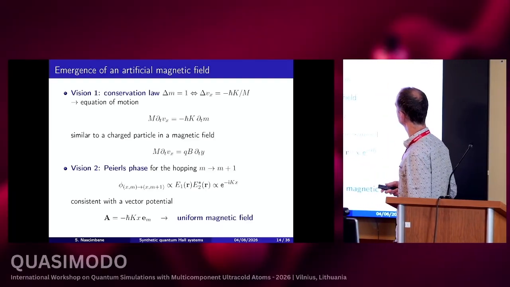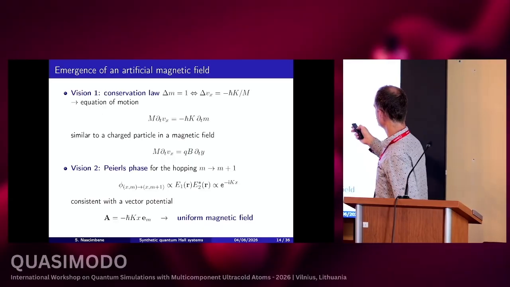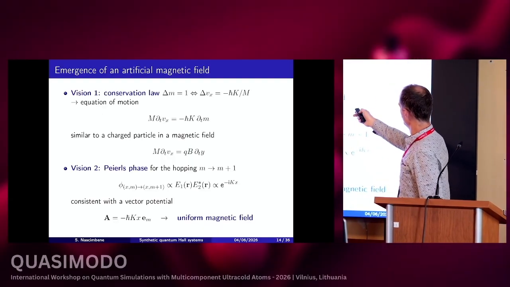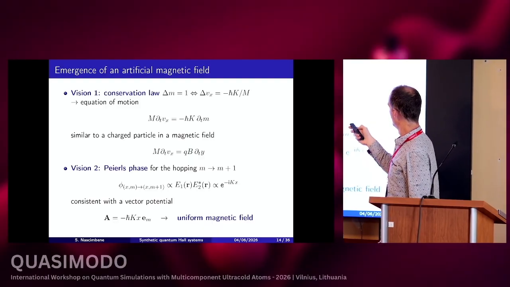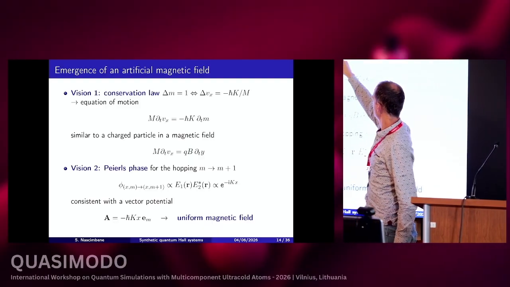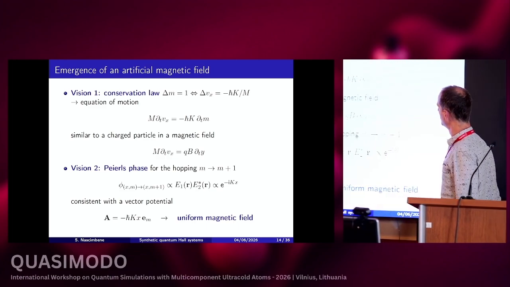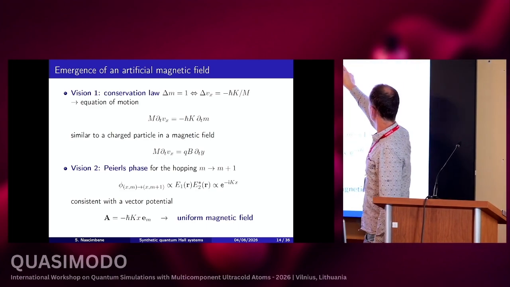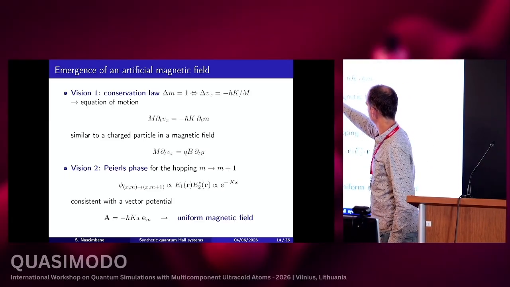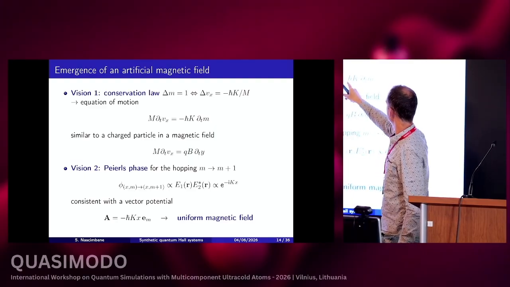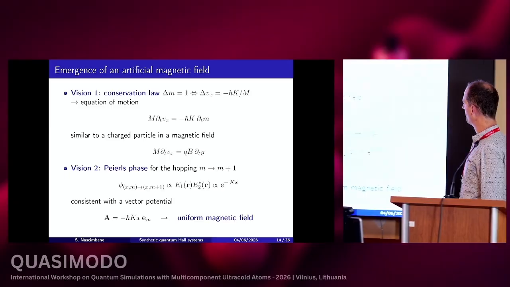I want to give you 2 visions of that, that are relatively simple, I think. One is to see that there is a conservation law. As I said, when the magnetic projection increases by 1, the velocity decreases by this quantized amount, which means that if we write a dynamical equation, the time variation of the velocity is minus h bar k over the mass times the time variation of the magnetic projection.